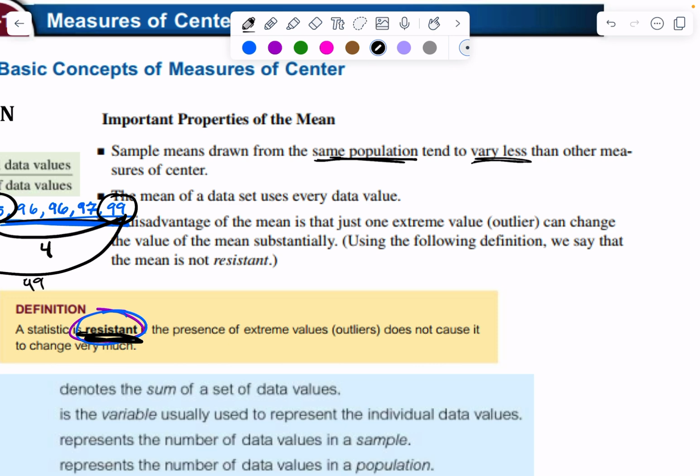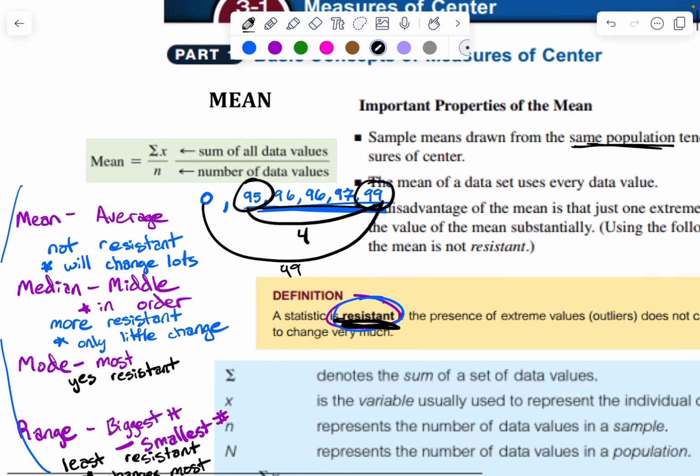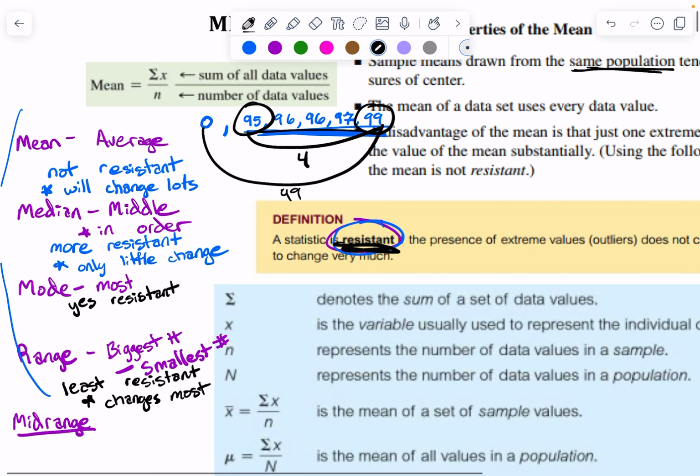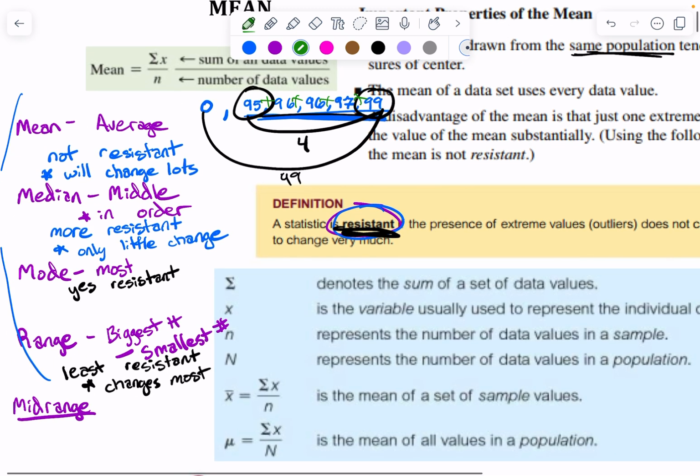The mean of a data set uses every data value. Interesting. Okay, so let's talk about that. The mean uses every data value because you're adding all of them up together. The median does kind of use every data value, but it doesn't really matter what those values are, right? If I had a set that was 1, 2, 3, 4, 5, 6, 7, the median would be 4, right?